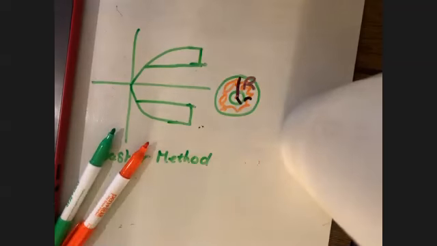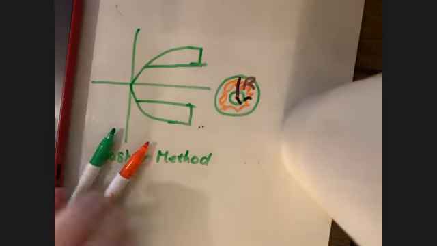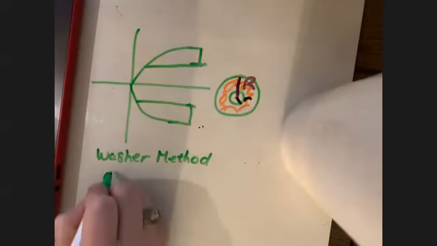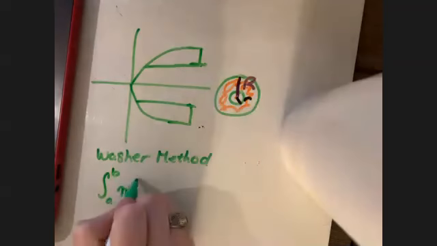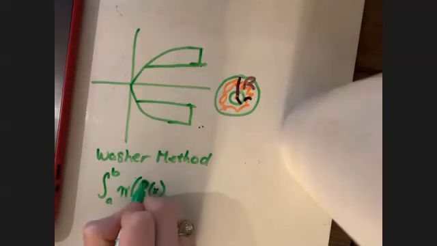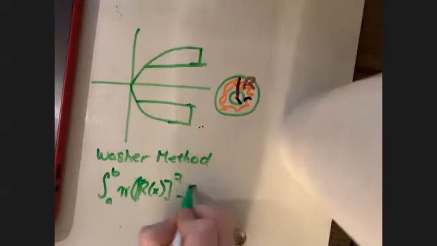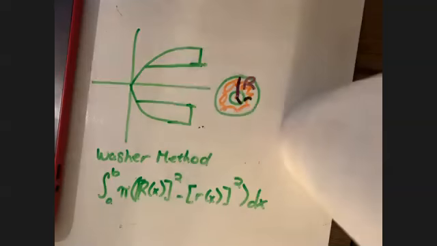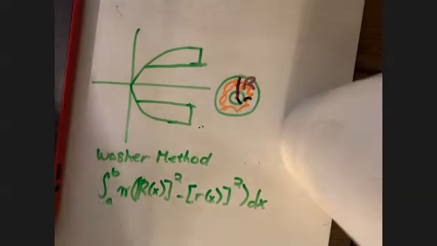So the way that the washer method works is we're going to integrate from a to b, pi, since both of those would be pi's, big R of x squared minus little r of x squared dx. We are literally just accounting for the fact that we are now going to have a hole in the middle of our shape.